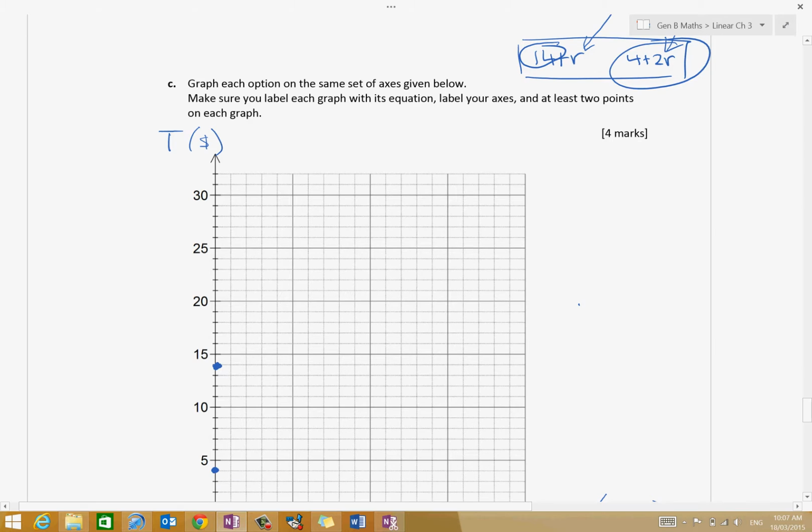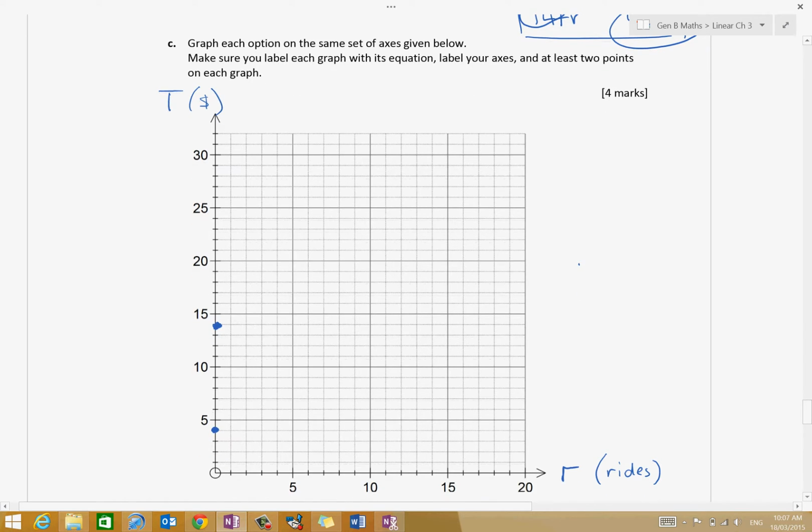So if this is going across 20, we need to go over to here, and that point there is then going to go up 20 in terms of the y. So there you go. That's going to be our line, and we sketch just a line between there and there.